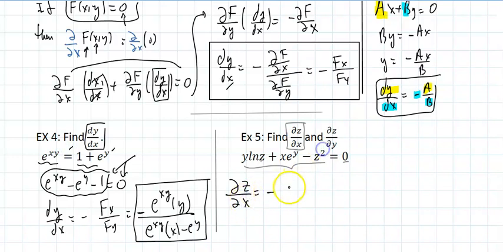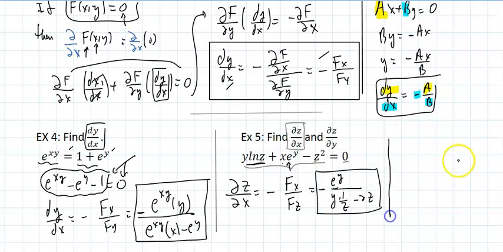Wouldn't that be, by the same analogy, f sub x divided by f sub z, based on what I just found? What's the partial of this with respect to x? That's a 0. That is negative e^y. The denominator, partial of this with respect to z: y times the natural log of z is y over z. That's a 0. Minus 2z.